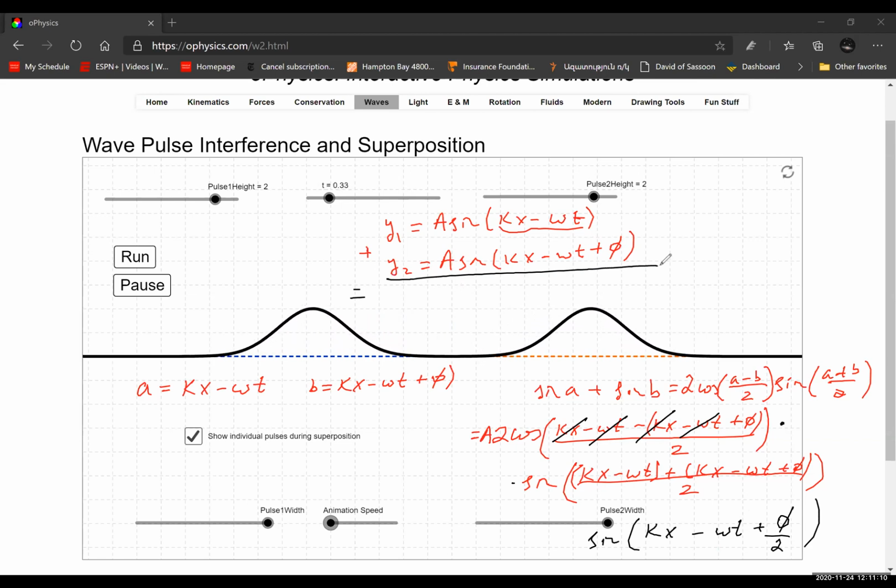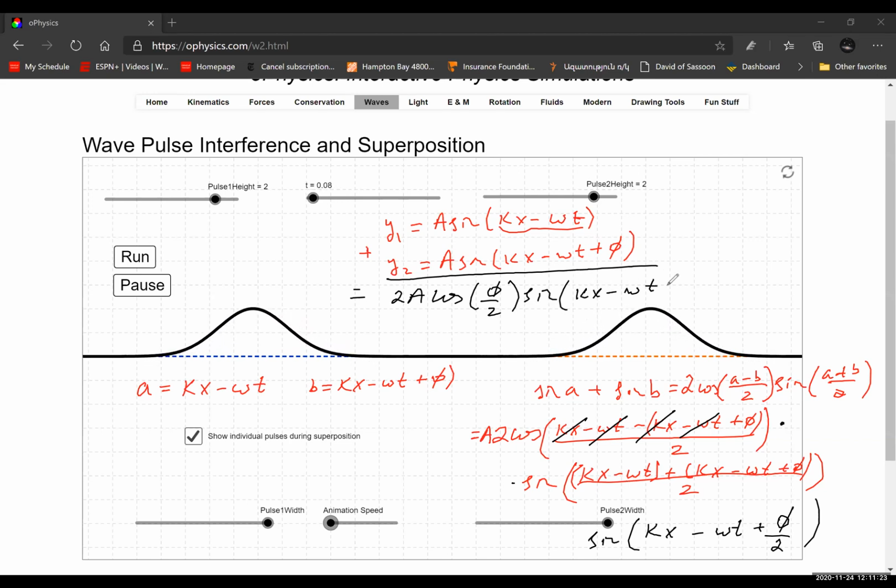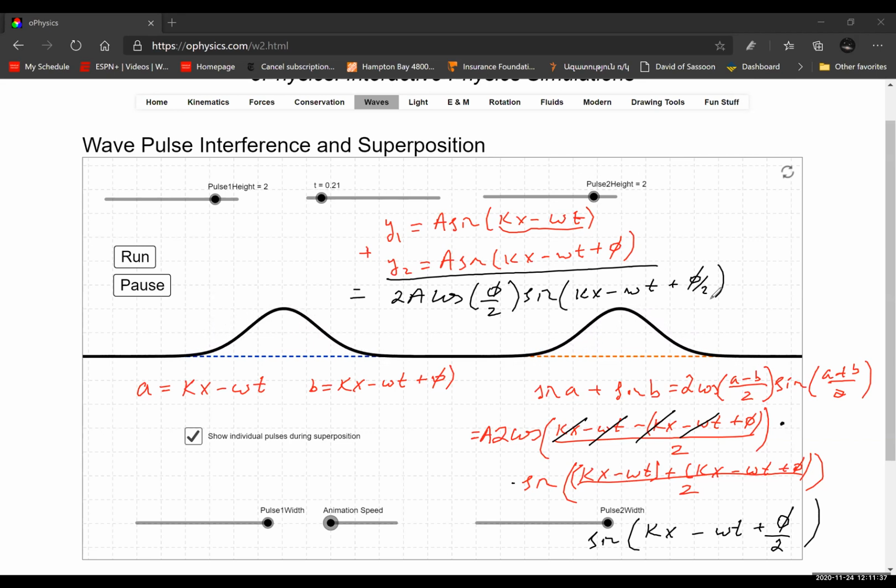When I add those two together, I end up with 2a cosine phi over 2, and then sine of kx minus omega t plus phi over 2. There you go. And this is my equation. So this is then the equation for the resultant of the two traveling sinusoidal waves.